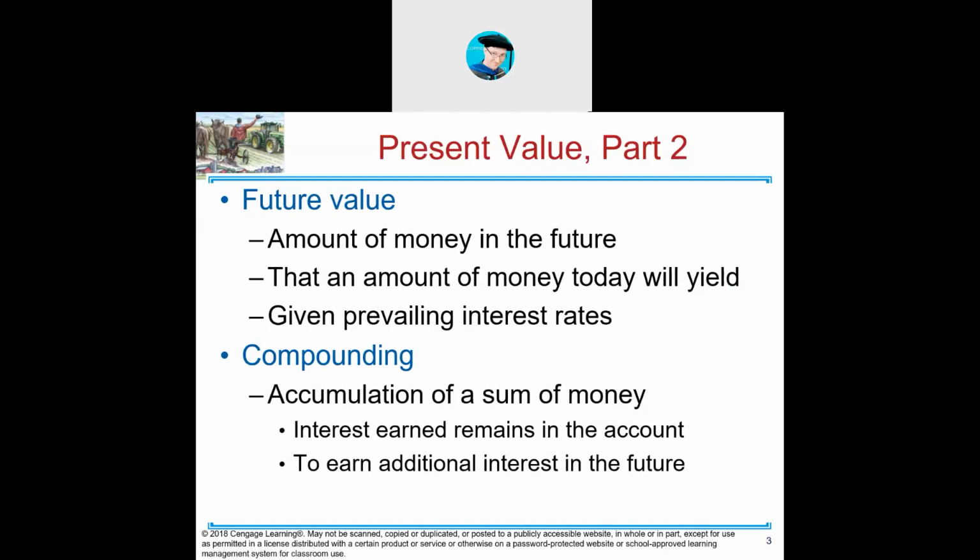There's another formula that we'll talk about, and it's called future value. So we have present value and we have future value. Future value tells us the amount of money that we would generate in the future. It's based off a series of cash flows, and the amount of money that we would put into the bank today in order to generate X amount of dollars in the future, given the current interest rate.